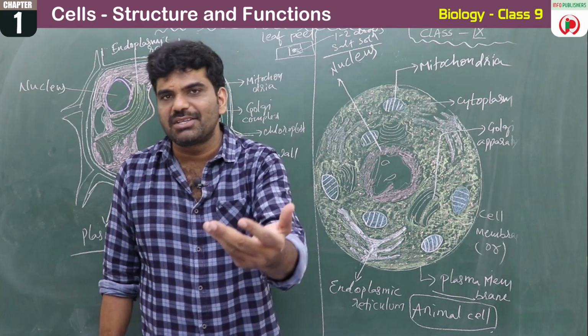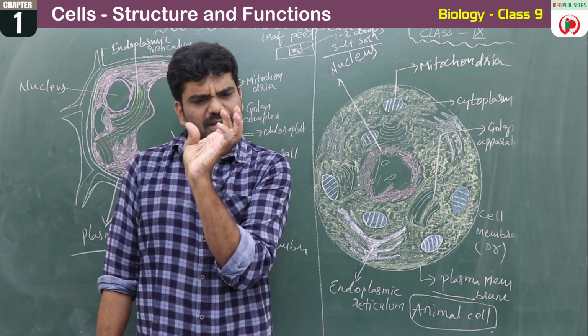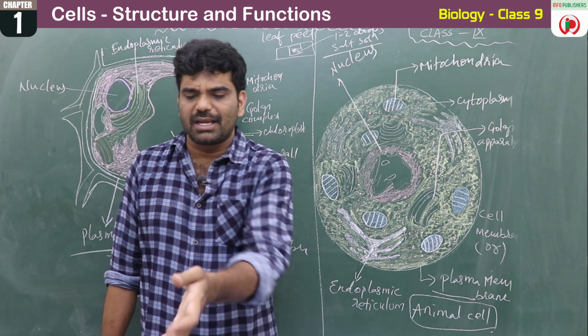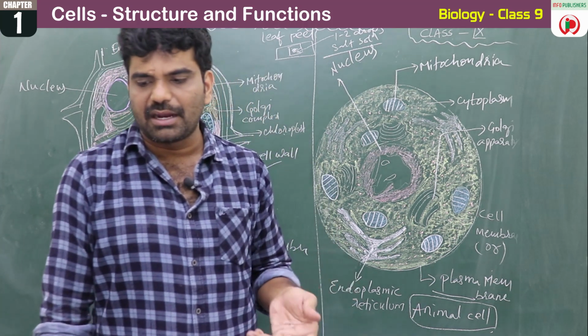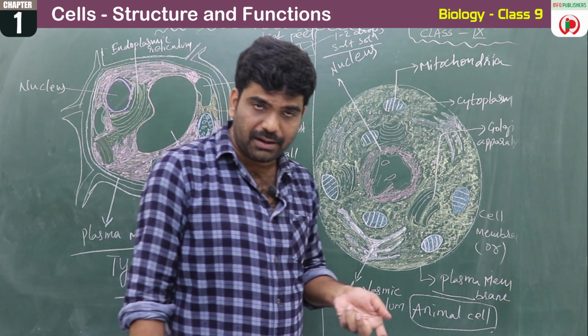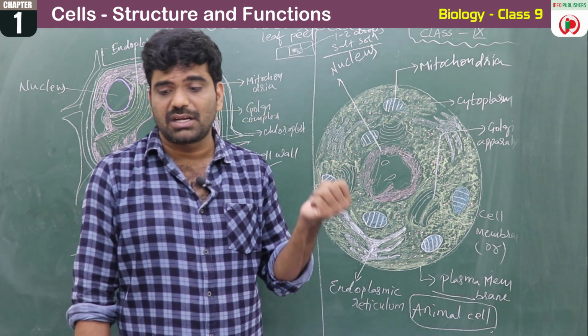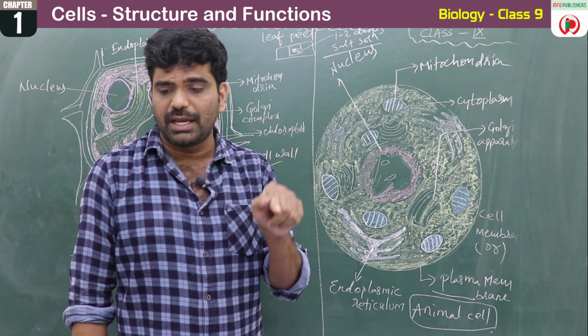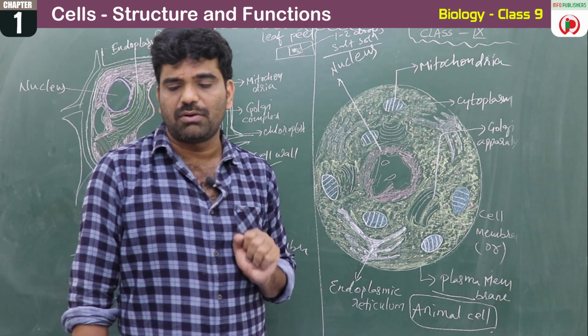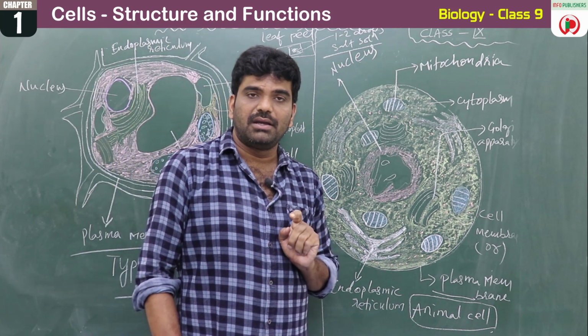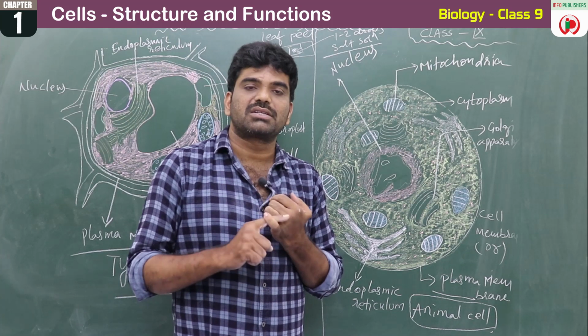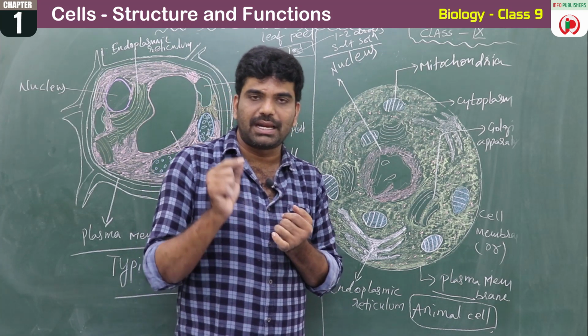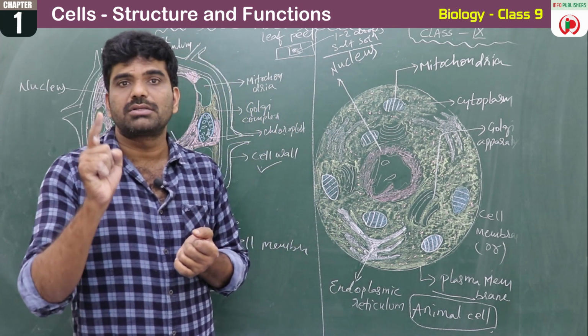When the water comes out, automatically the cytoplasm becomes contracted, and you can observe that. However, we can observe the structure of the cell membrane only through an electron microscope. So this is a very important point.